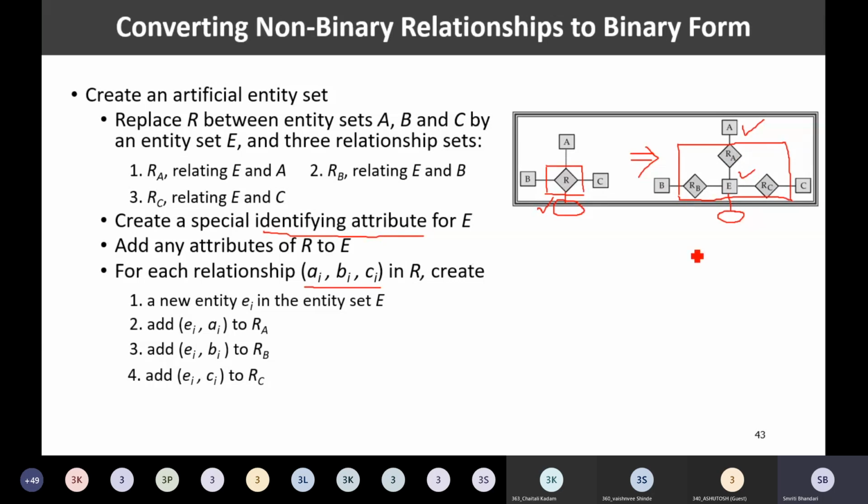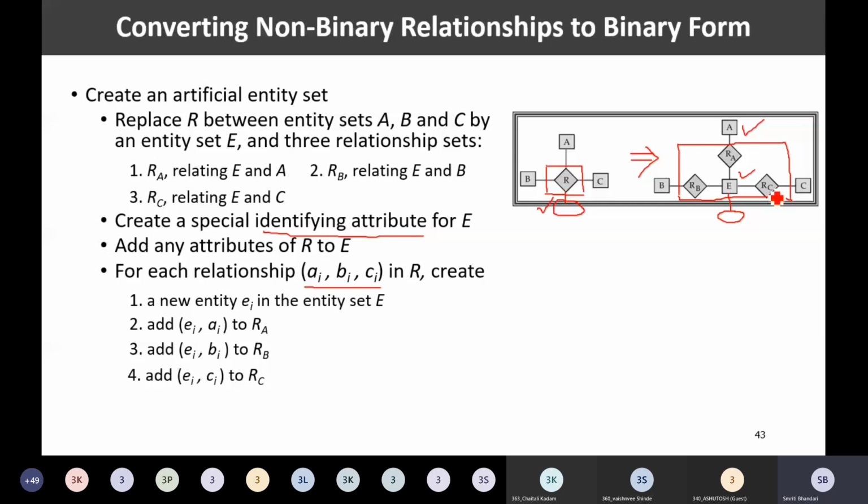Correct? So what I'll do, I will have a new entity Ei in this entity set E, and I will be adding three respective relationships in this relationship set, this one, and also this one.